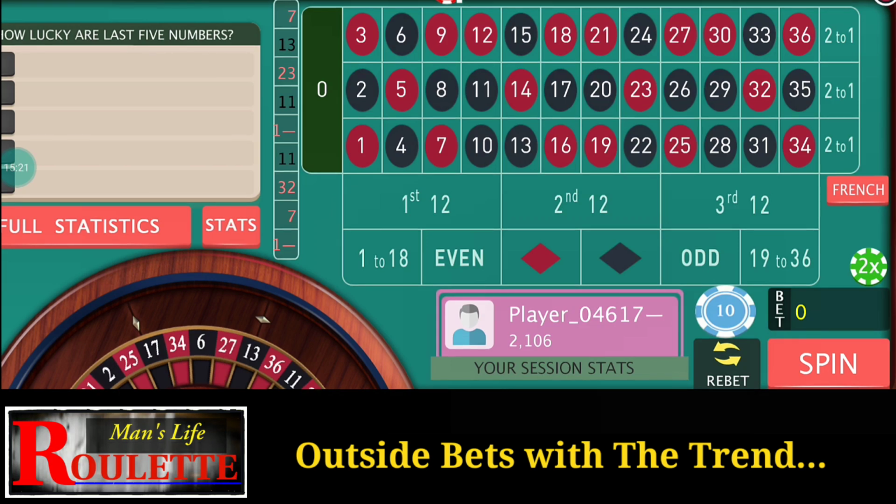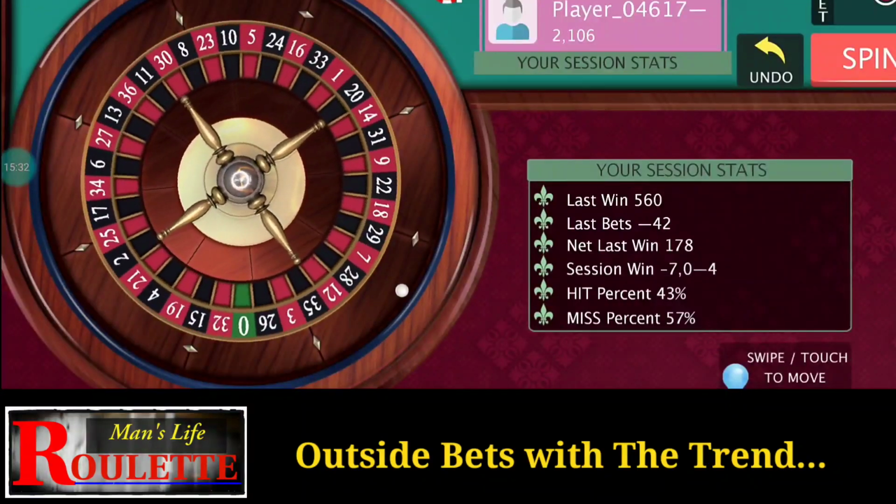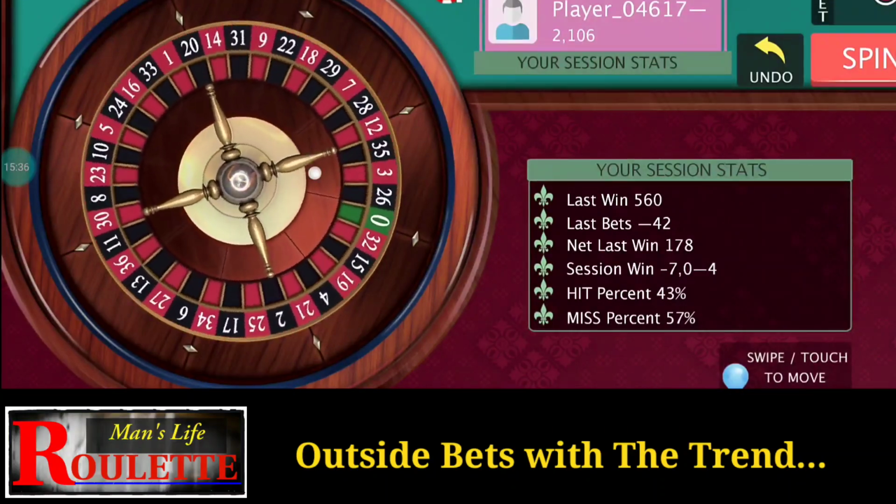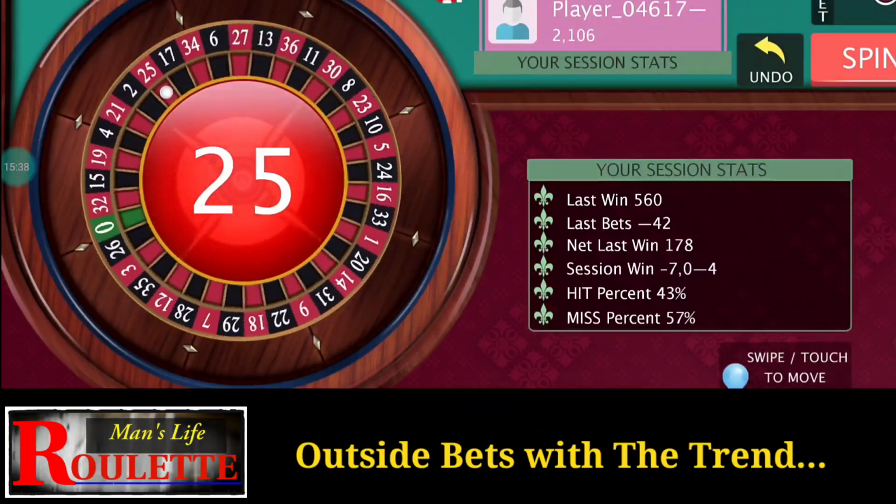So that's the strategy. So I hope you like this strategy, and you can follow this kind of strategy in online table, because in offline real roulette everything is random, but in real online table everything is programmed, and you have to get the benefit of that program.